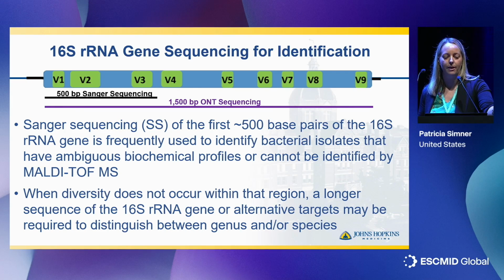Our 500 base pairs targets the V1 to V3 region. But when diversity does not occur within that region, a longer sequence of the 16S rRNA gene or alternative targets like rpoB or secA could be used to distinguish between genus and species.